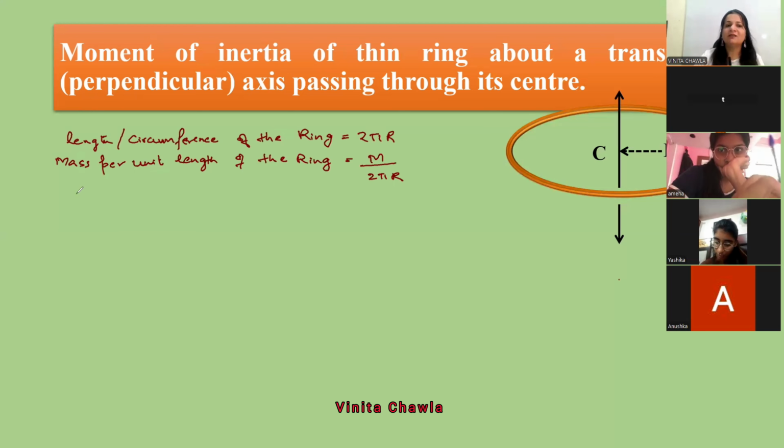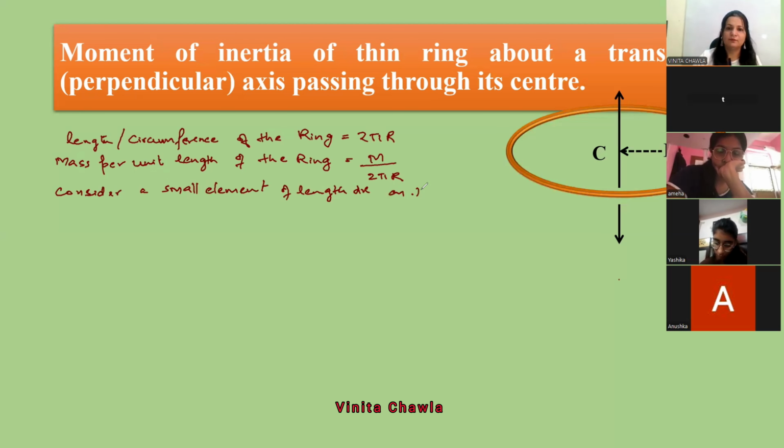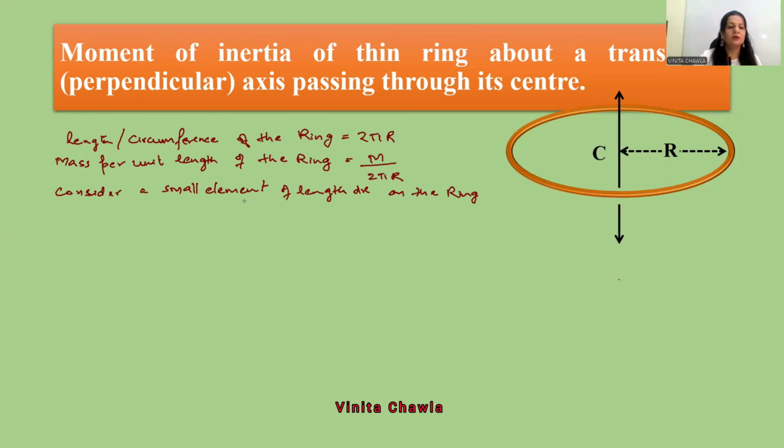ठीक है, now we'll consider a small element of length dx on the ring. Now see, we can find the mass of the element.